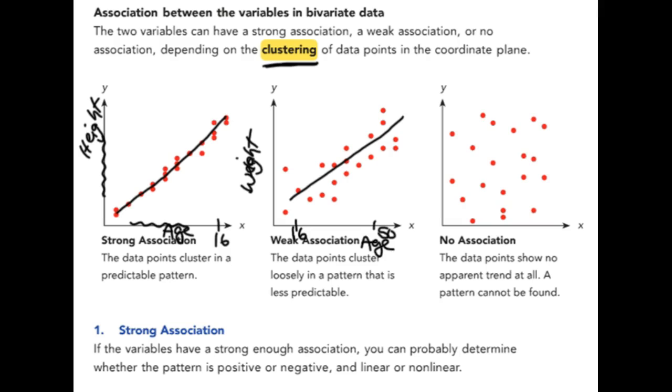But generally people get to a healthy adult weight by the time they're, I don't know, 20 something. So if you take a look at 16 to 50, it would be pretty weak because, yeah, people generally weigh a little bit more as they get a little older. Not talking about myself, of course. That never happens. But it does change. It does vary more. And then no association is something that has nothing to do with each other generally.